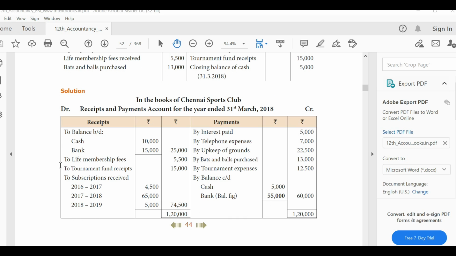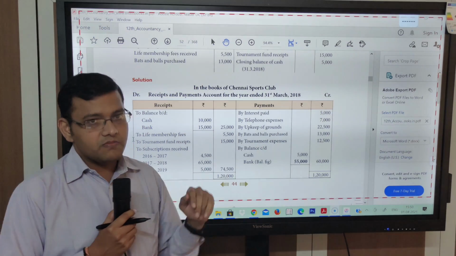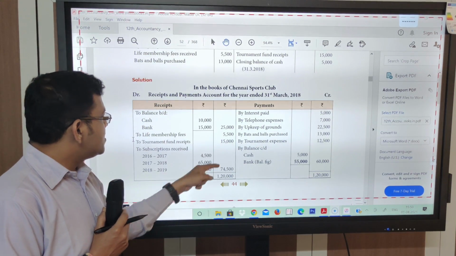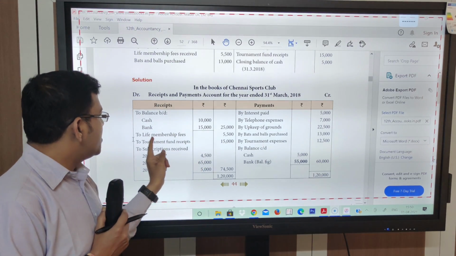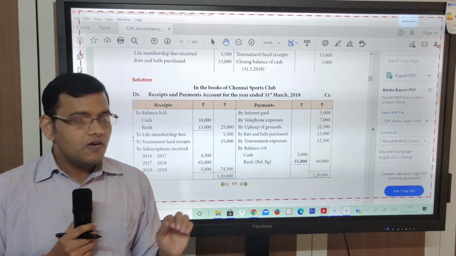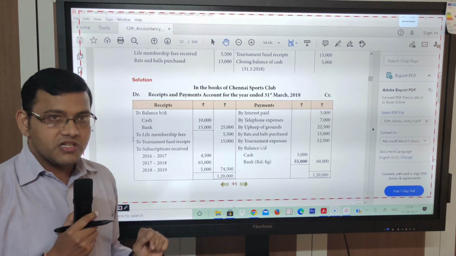So we'll write the heading in the books of Chennai Sports Club, receipts and payments account for the year ended 31st March. We'll have the opening balance of cash, and we'll take all the receipts, the life membership, tournament fund fees, and whatever subscription is received for 16-17, 17-18 or 18-19, we'll mention it over here.